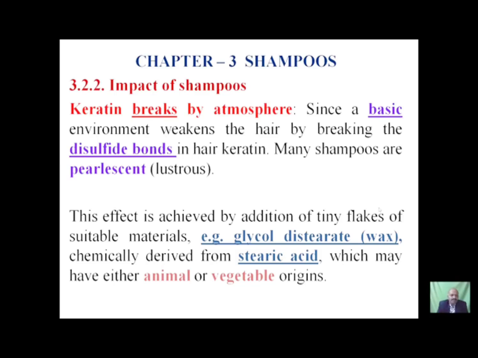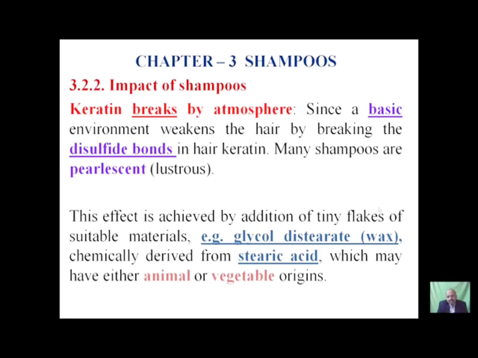Since a basic environment weakens the hair by breaking the disulfide bonds, the keratin containing the disulfide bonds will be broken up by means of the basic environment. Many shampoos are pearlescent, they are lustrous in nature. So because of this basic environment, the keratin, the protein present on the surface of the hair, undergoes breakdown of the disulfide bonds. Because of this, the hair becomes weakened.